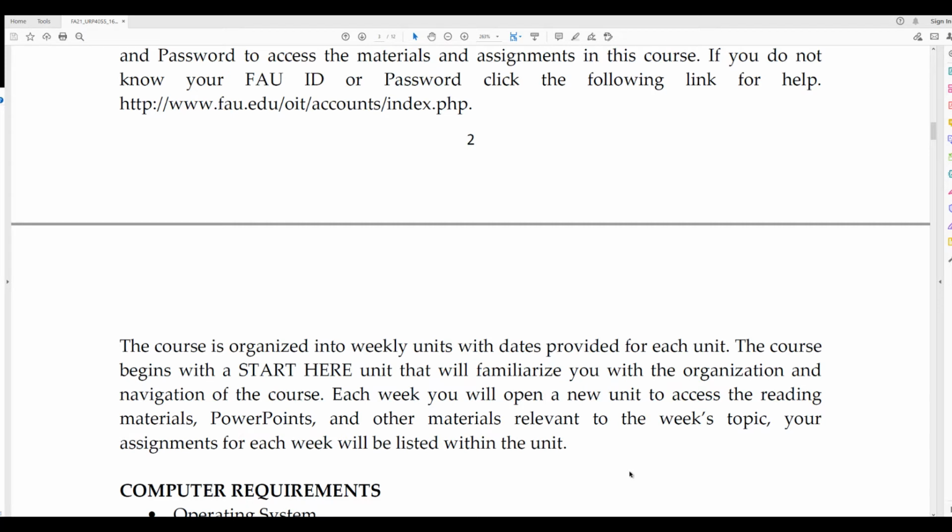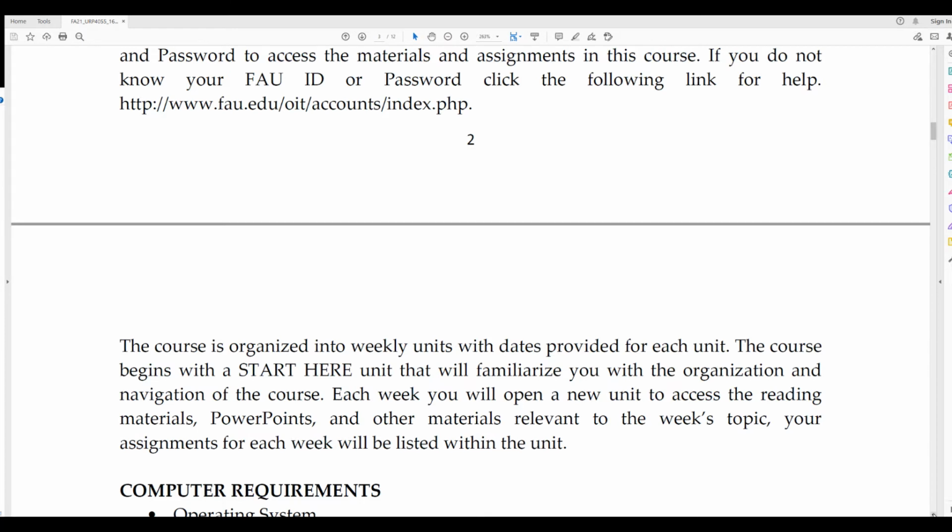It's organized into weekly units, and please check each unit to find out the lectures and also their assignments you're supposed to do. Basically, for the semester, you only have 1 week that you don't have to submit anything, which is the 1 week before the midterm exam project. And then other than that, pretty much every week you have something due.